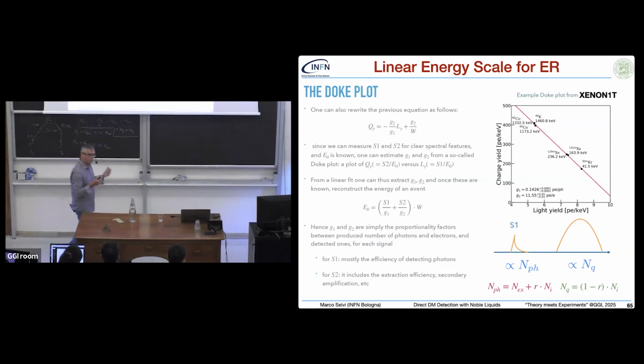Because for each different energy, there is a different fraction of charge and light, mostly due to the dE/dx of that particular line. You have different gamma energies, and so different Compton electron energies, and at the end you have a shift along this line, but each of them has this anti-correlation, and so you can reconstruct the energy very well.